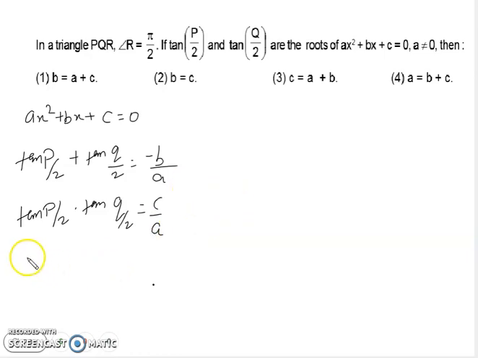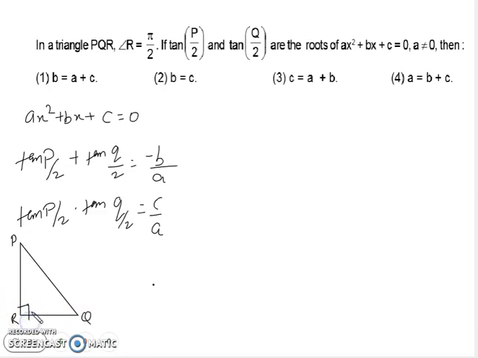And according to the question, a right triangle is given, guys, right? So we can draw this triangle, and this triangle is PQR, where R is at the right angle, that is 90 degree.